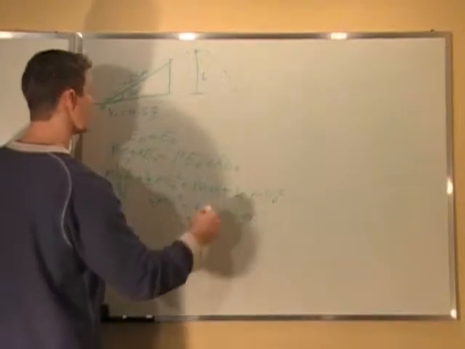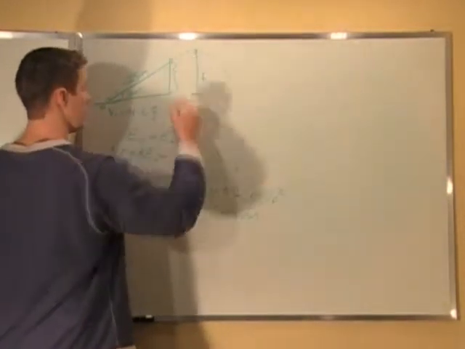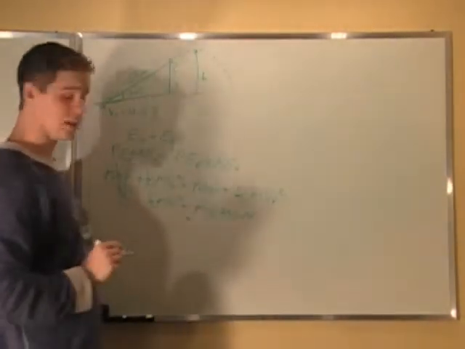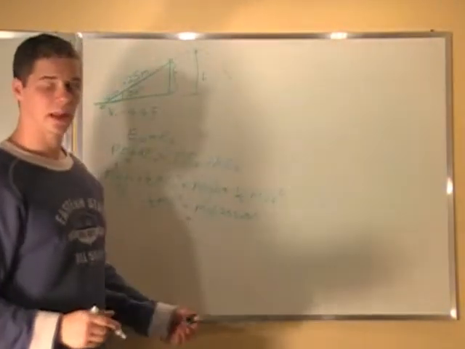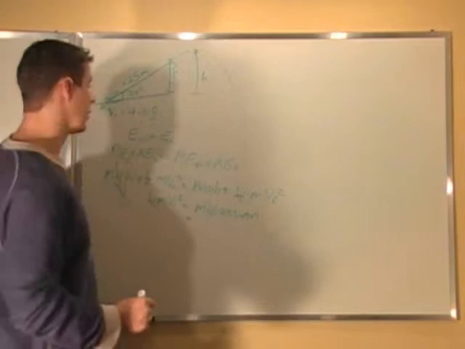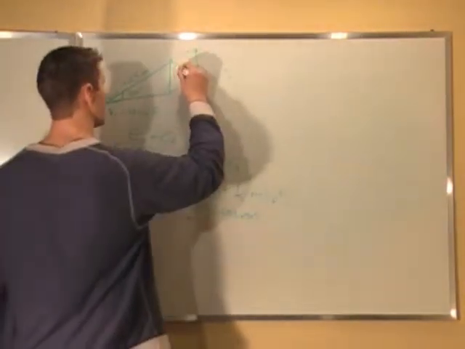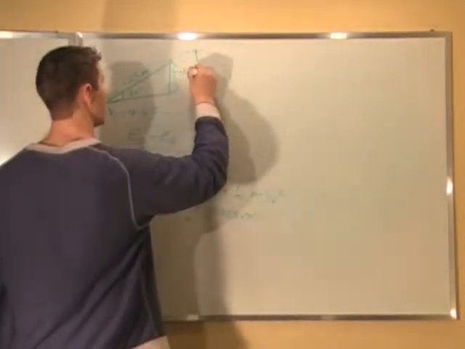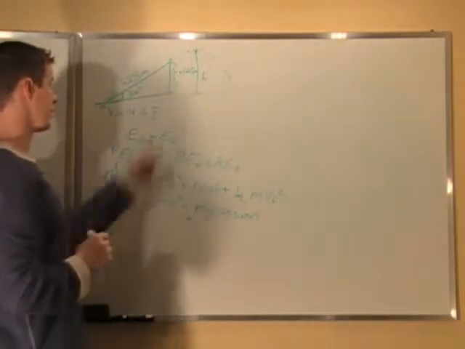If we plug in 0.25 sine 30, we get 0.125 meters. I'm figuring it out now because we're going to need it later.